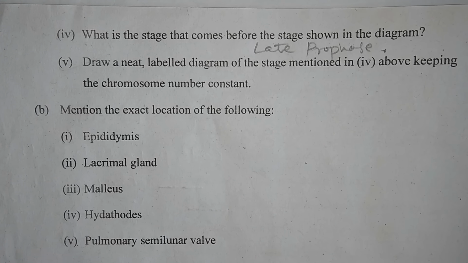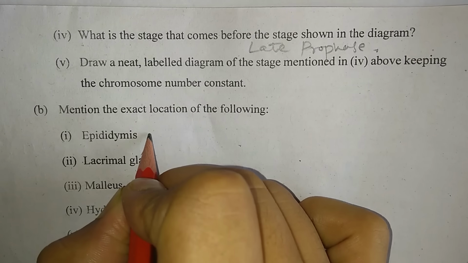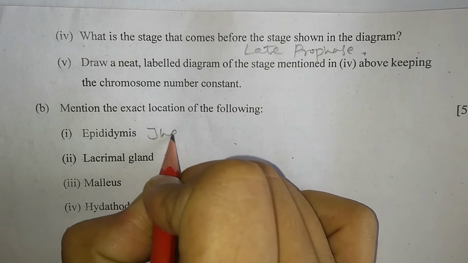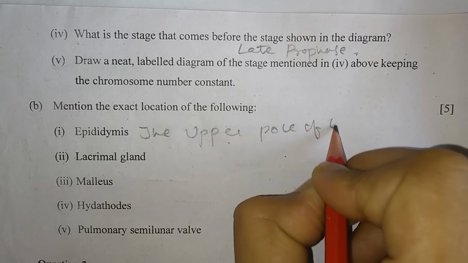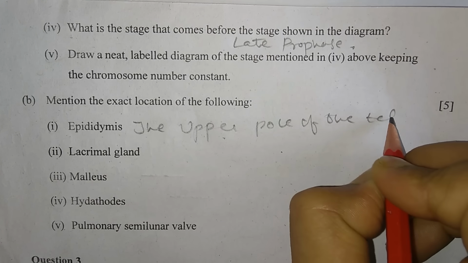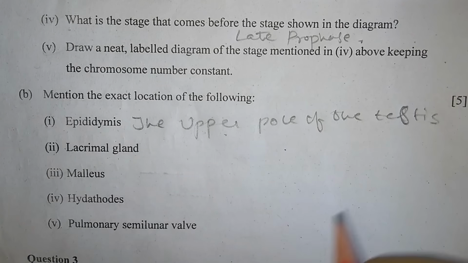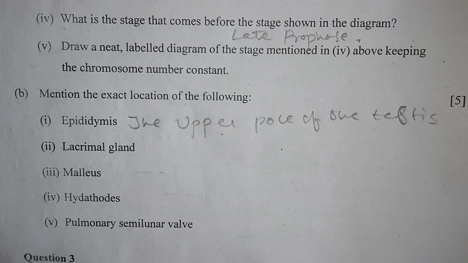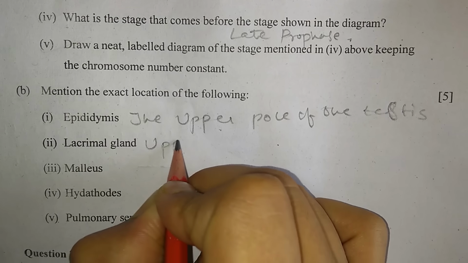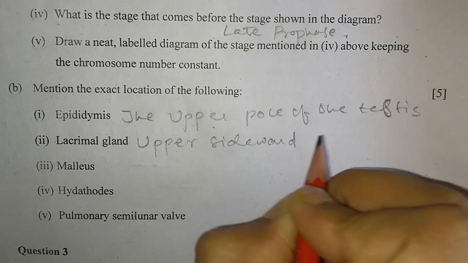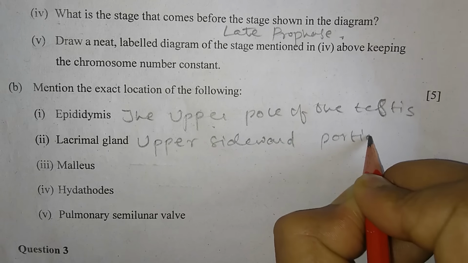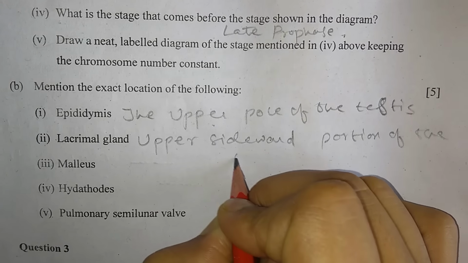Question B. Mention the exact location of the following. Number 1. Epididymis. Epididymis fits like a cap on the upper pole of the testis. Number 2. Lacrimal gland. It is at the upper sideward portion of the orbit of the eye.